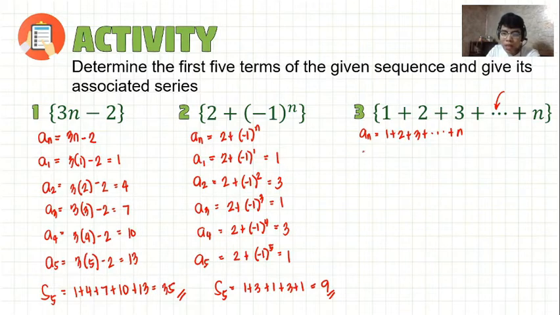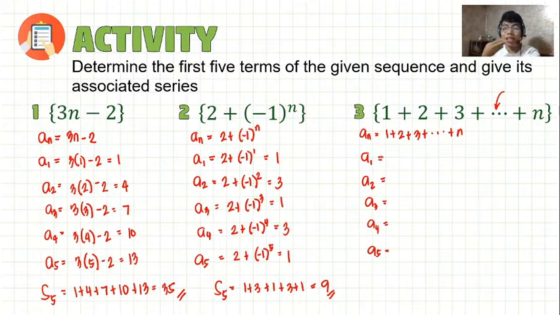So what will be our a sub 1, a sub 2, a sub 3, a sub 4, and a sub 5? So actually, this number is somewhat challenging. Okay? So, ano ba ang gagawin natin dito? Para mas maintindihan natin, I will start, okay, finding the fifth term para makita niyo yung pattern.